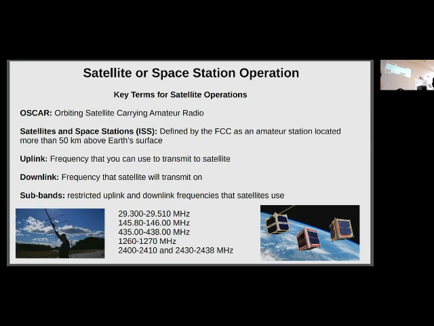And there's a bunch of satellites that are actually sent out with amateur radios on them for amateur radio operators to use. So if I know that there's a satellite coming across, I can actually use that like a repeater and talk to somebody on the other side of the planet that I can't see, but they can see the satellite and I can see the satellite, so we can actually both communicate through that satellite.